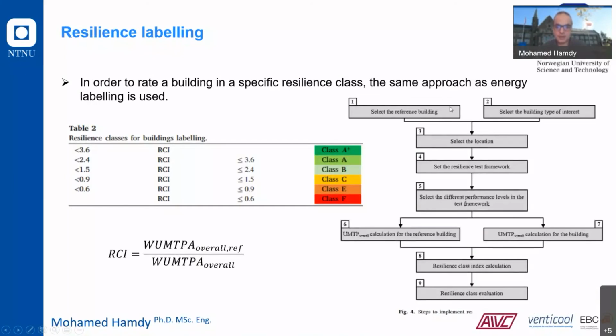We consider the same approach used for labeling buildings based on energy consumption, but here we do it for resilience. So we select the reference building, then the building type of interest and the location, and then we apply this test framework which I introduced.